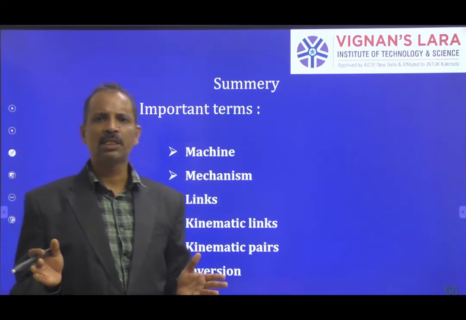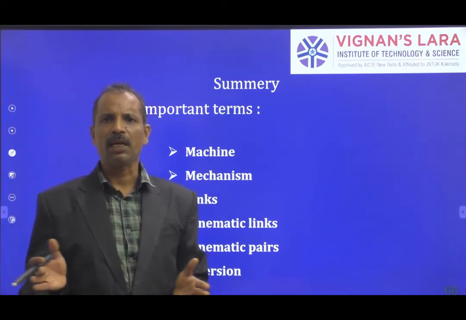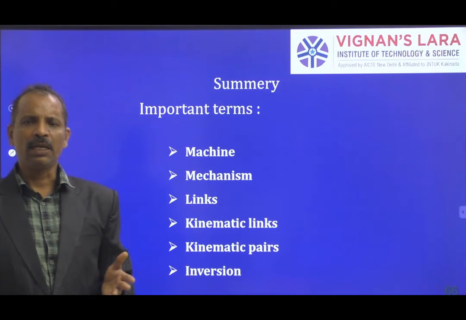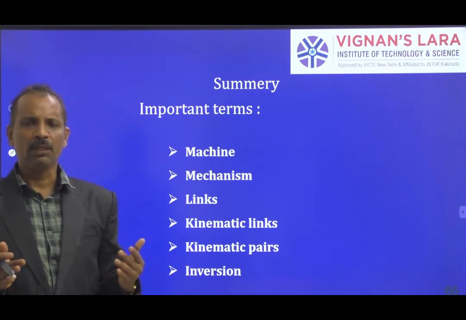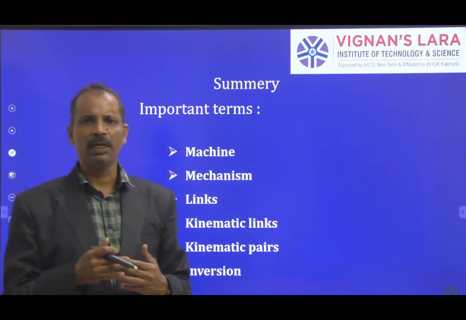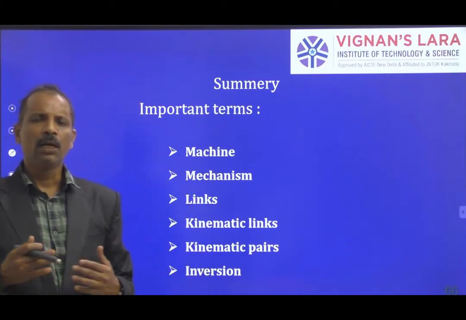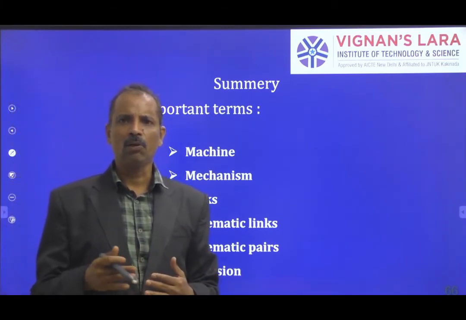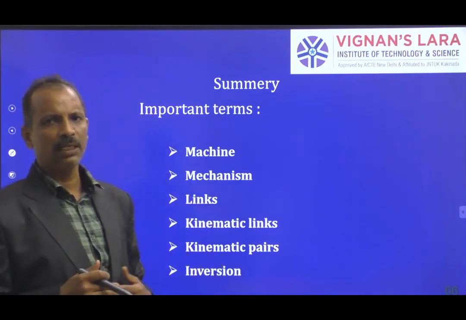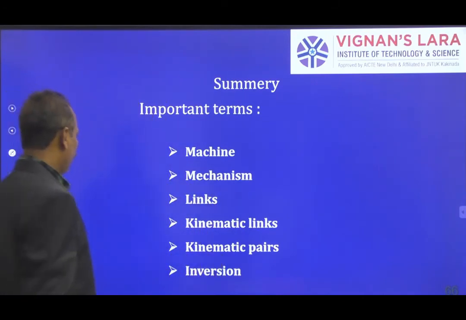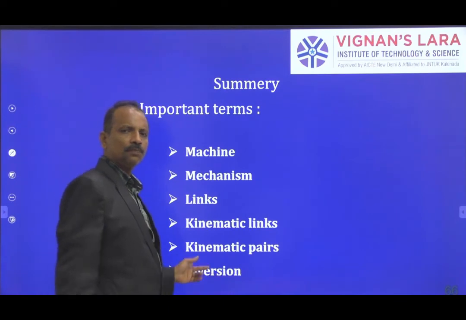We also distinguished lower pair and higher pair. If there is an area of contact between the two surfaces, it is a lower pair. If it is a point contact or a line contact, it is a higher pair. And finally, inversion.